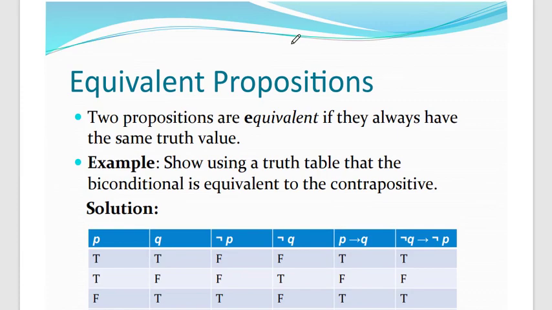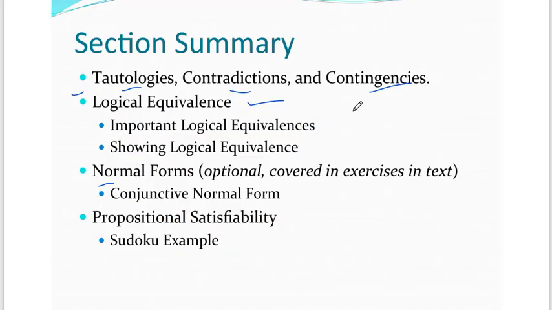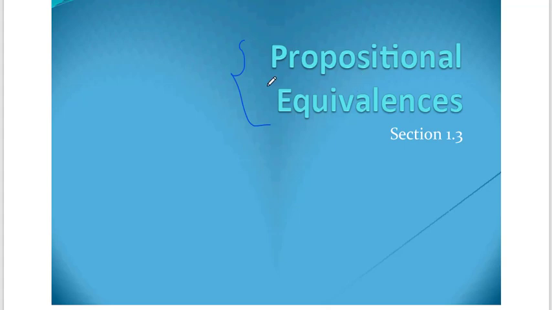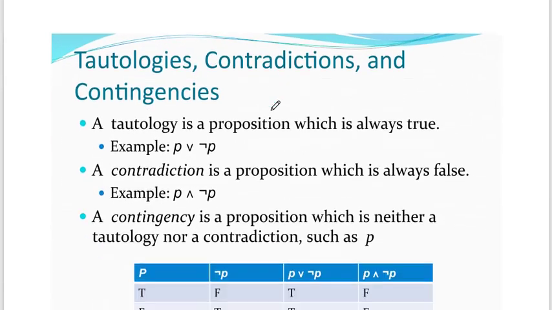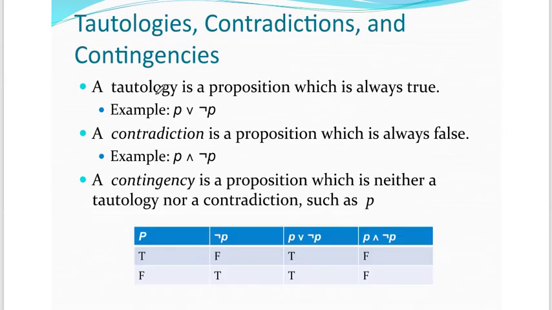So let's start with our topic, propositional equivalence. First of all, start with tautology, contradiction and contingency. A tautology is a type of proposition which is always true.